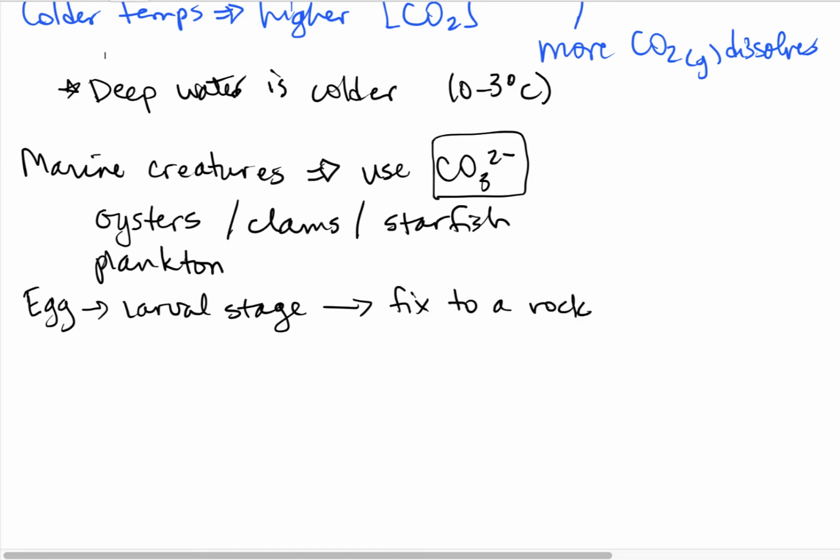And it's in this larval stage that carbonate is really super critical. If they don't get enough carbonate during the larval stage, then they just die, because they can't make a shell, they can't protect themselves.